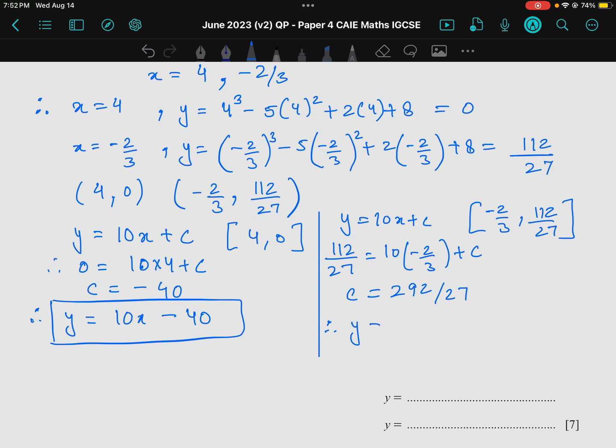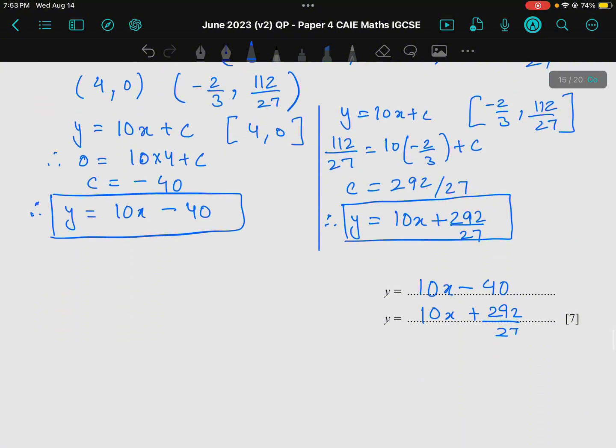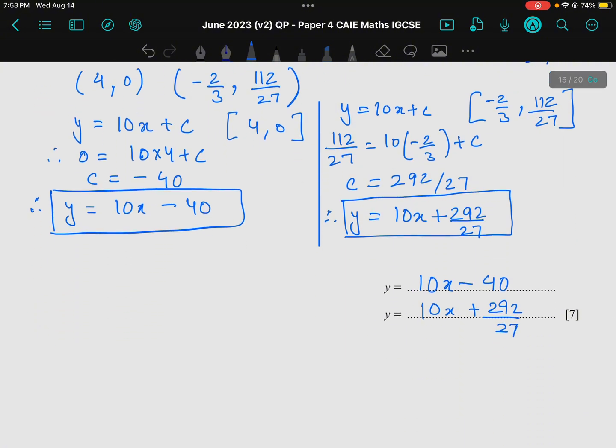Therefore the equation is y equals 10x plus 292 upon 27. This is the second equation of the line. So the two equations are y equals 10x minus 40 and y equals 10x plus 292 upon 27. These are the two equations.